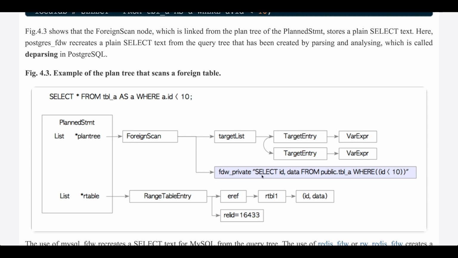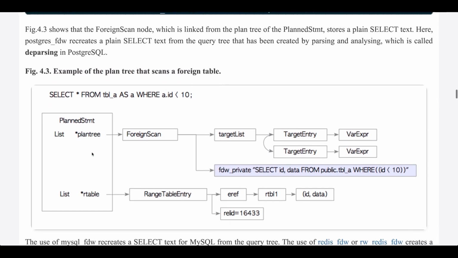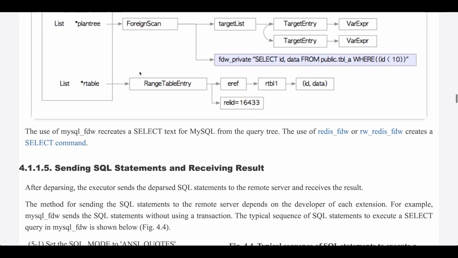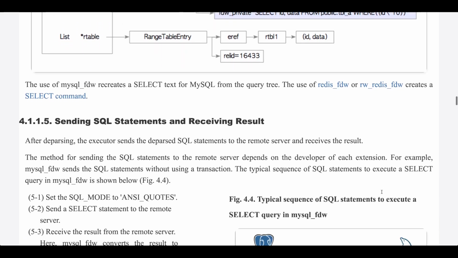Here, postgres_fdw recreates a plain SELECT text from the query tree that has been created by parsing and analyzing, which is called deparsing in Postgres. mysql_fdw recreates a SELECT text for MySQL from the query tree. redis_fdw, or rw_redis_fdw, creates a SELECT command.